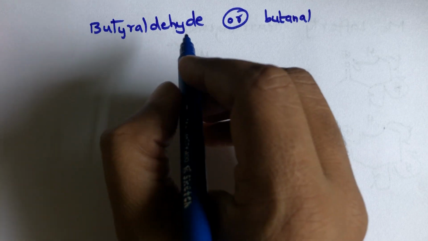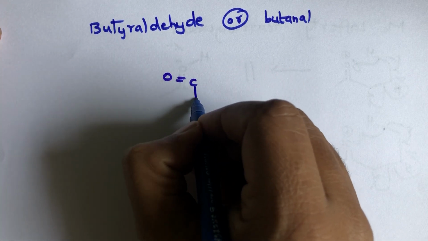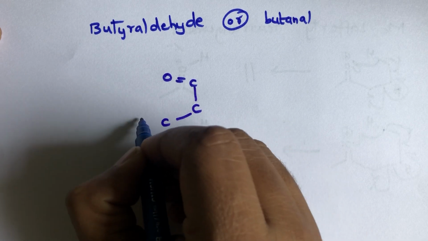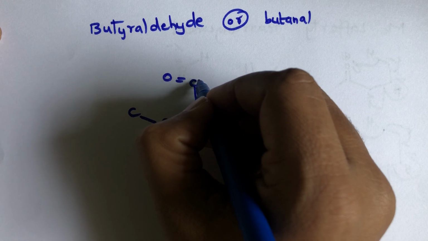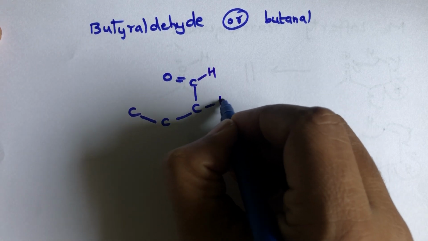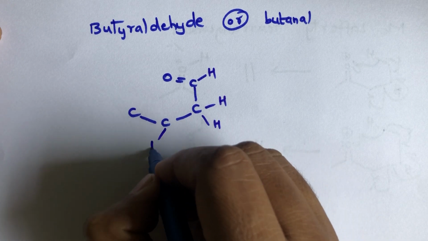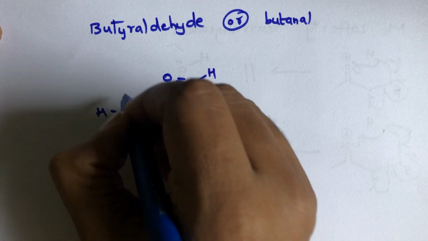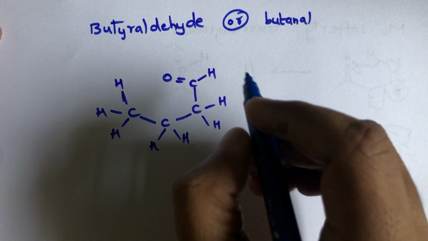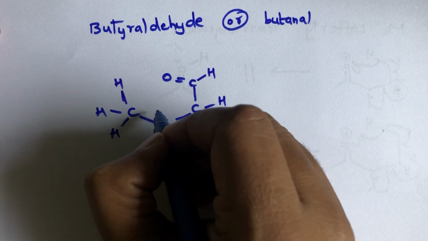Butyraldehyde contains 4 carbons, so it will be C double bond O, C, C, C. 1, 2, 3, 4. This is H, H, H, H, H, H, H, H. This is alpha, beta, gamma.